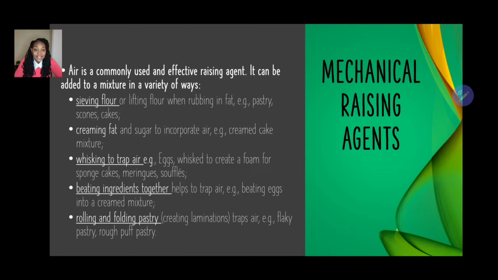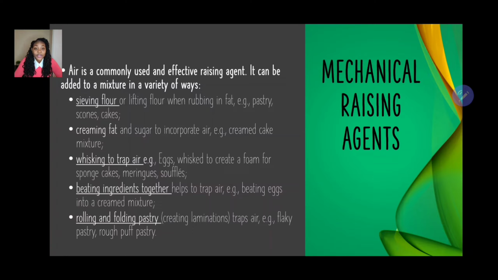And that acts as a raising agent. Also, when we're lifting flour, when we're rubbing the fat into the flour with our fingertips, and we grab the flour, pull it up, and we rub until it looks like what? We may say coarse cornmeal or fine breadcrumbs, right? Now that action or that process actually incorporates air into the product.